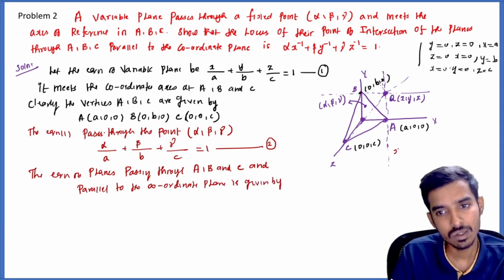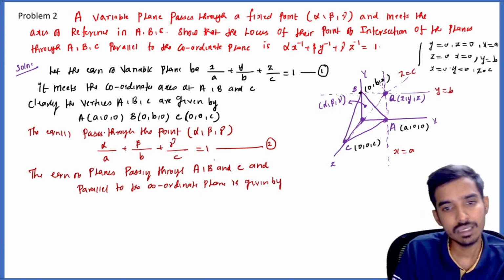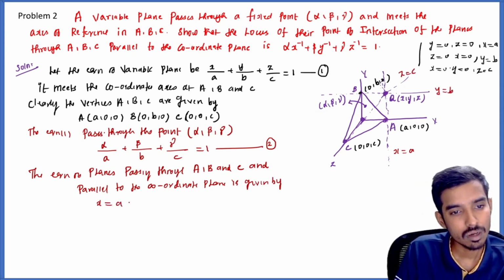This point is a, 0, 0. So those equations are given by x is equal to a, this is 3, y is equal to b, this is 4, z is equal to c, this is 5.